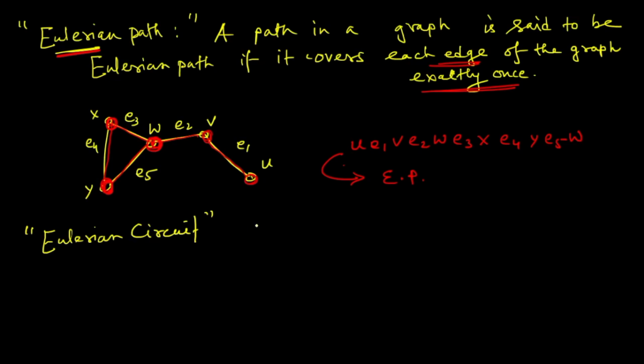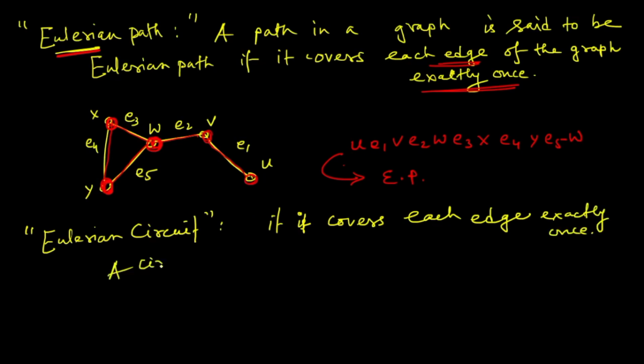So if I write formally, a circuit in a graph is said to be Eulerian if it covers each edge exactly once.